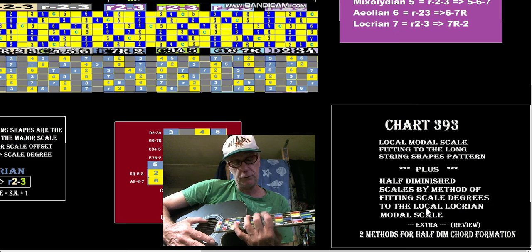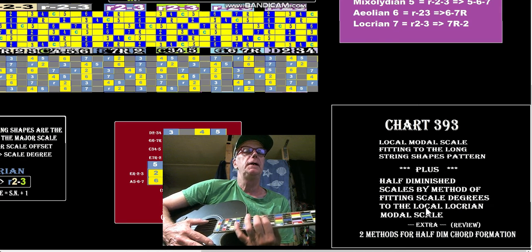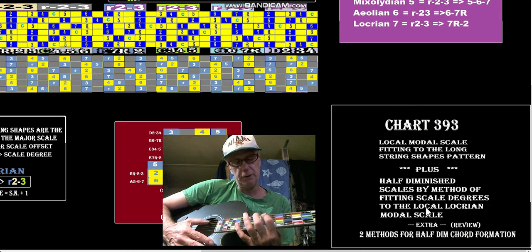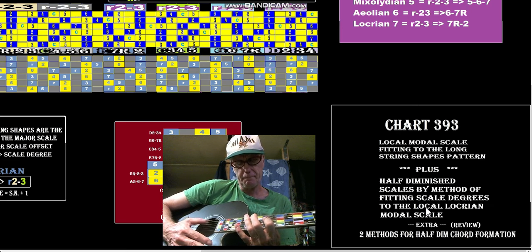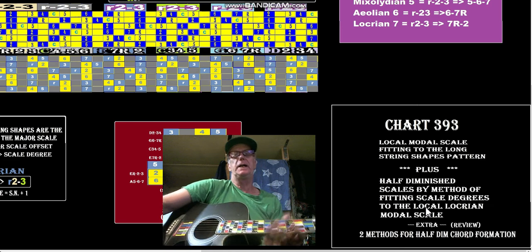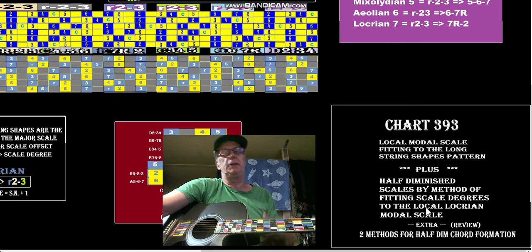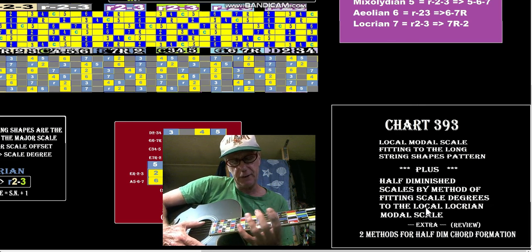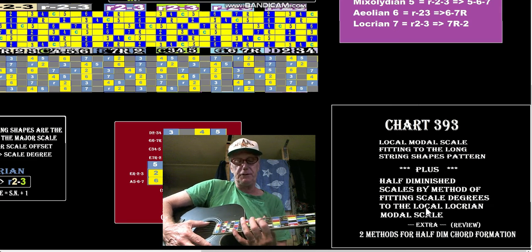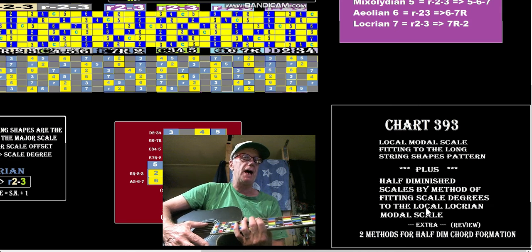So it's root 2, 3, 4 in Locrian minus 1 is 3. So we'll do a Phrygian there. It gives us chord expandability, scale expandability, because you're starting a whole new scale there, or basically a Phrygian pattern, which is your third pattern.